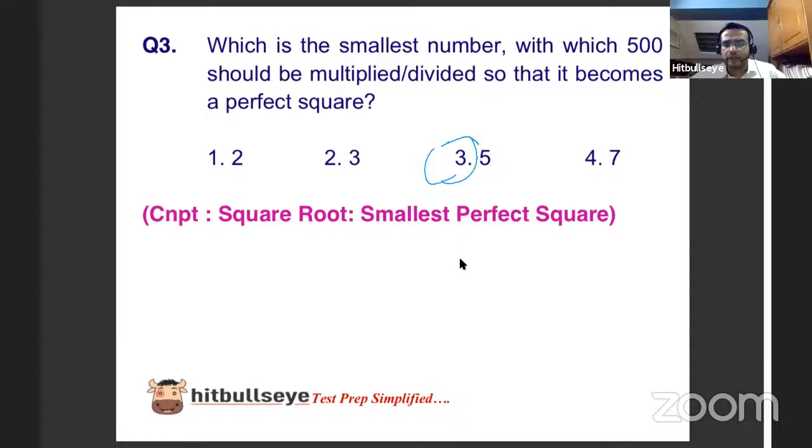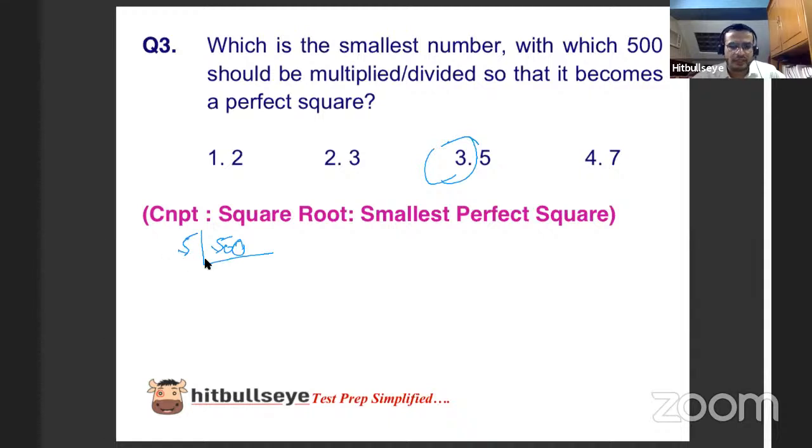Okay, so how do we go about solving this question? I can see the answers are comparatively less. So how do we solve this question? First thing we do is try to get the prime factorization form for 500. So let's do it. I will see what are the factors for 500.